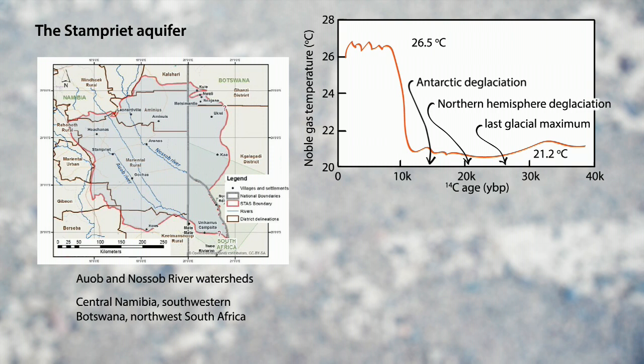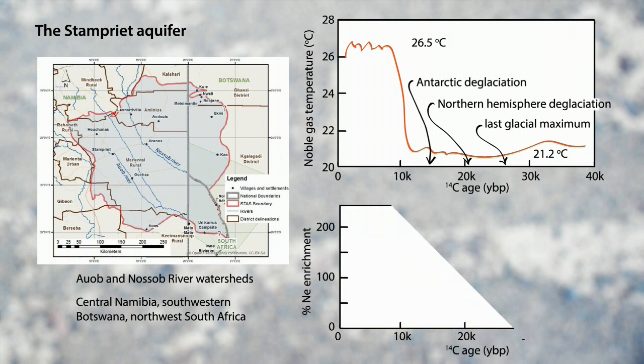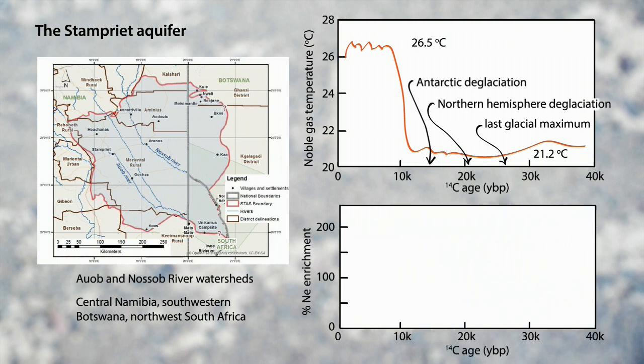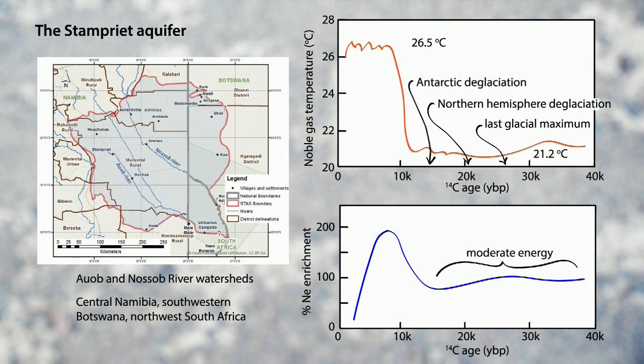Turning back to the issue of rainfalls, neon enrichment can signify the energetics of rain falling during these times. And here is what the 40,000-year record reveals of that. During the last ice age, rainfalls were of moderate intensity, but for a span of time roughly 6,000 years ago, neon enrichment was high, signifying that rainfalls at that time were energetic.